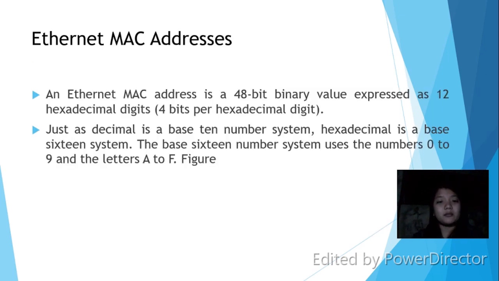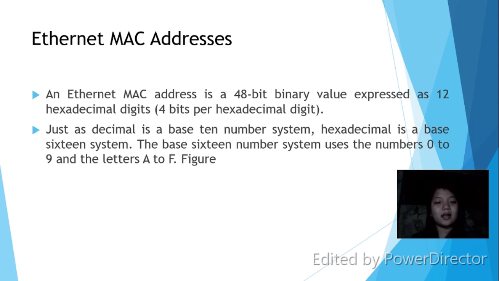Ethernet MAC addresses: an Ethernet MAC address is a 48-bit binary value expressed as 12 hexadecimal digits, with 4 bits per hexadecimal digit.